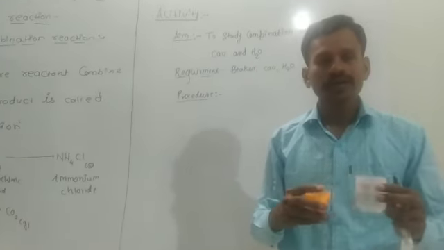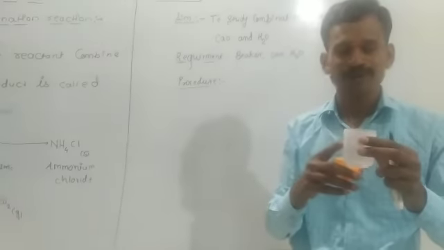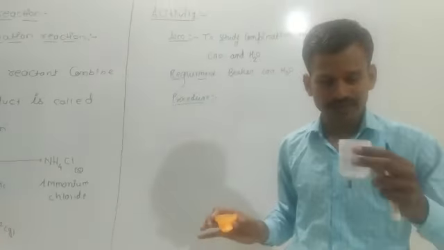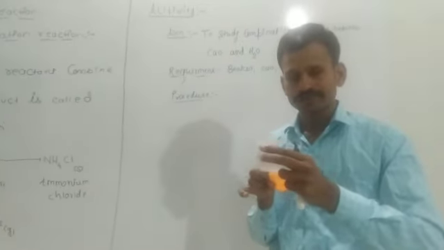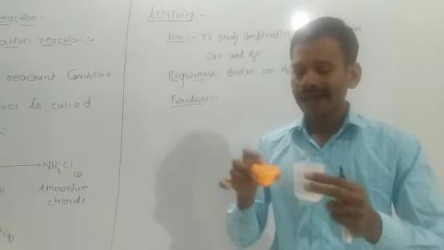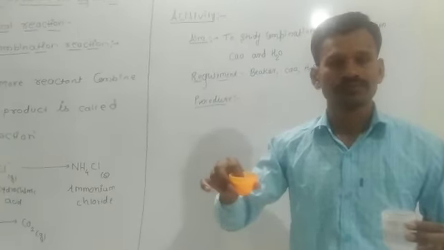Here in this beaker, water is present. It does not look exactly like a beaker, because we are not staying at home. In this beaker, water is present, and here is the calcium oxide.